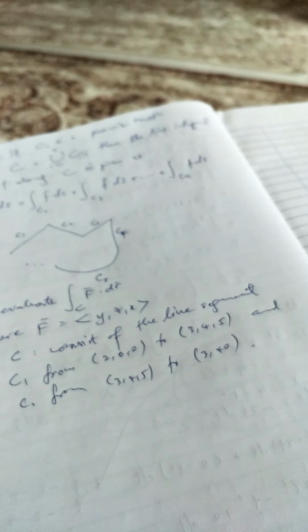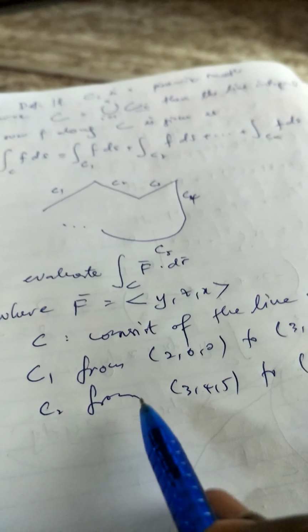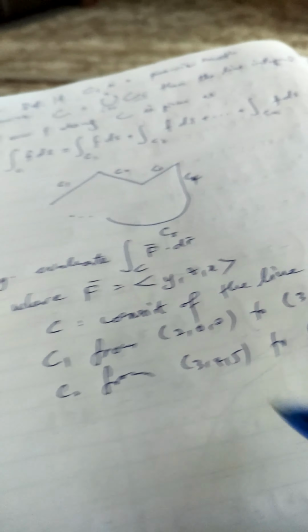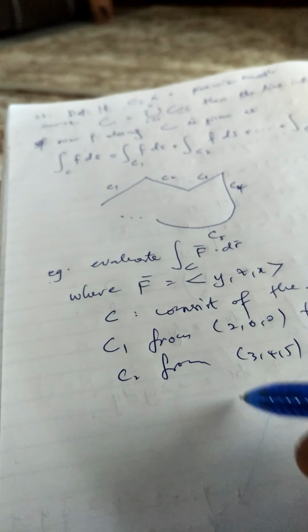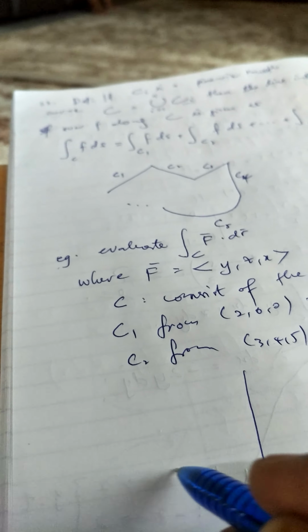If we try to describe C1 and C2, this is in 3 dimensions, so we plot in 3 dimensions, x, y, and z.